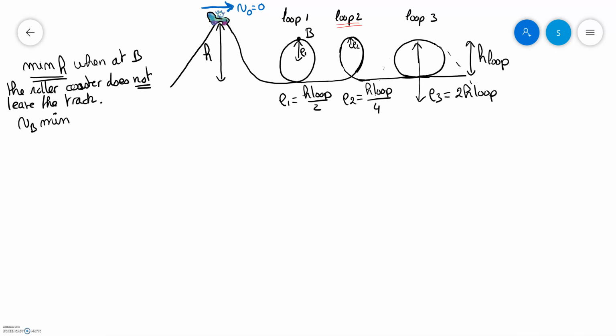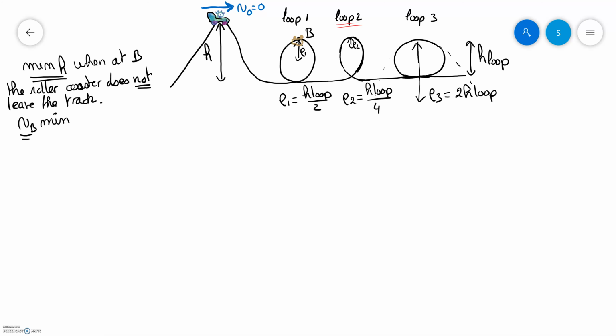The acceleration there will depend on VB. So I will do a little free body diagram and kinetic diagram when the roller coaster is there.